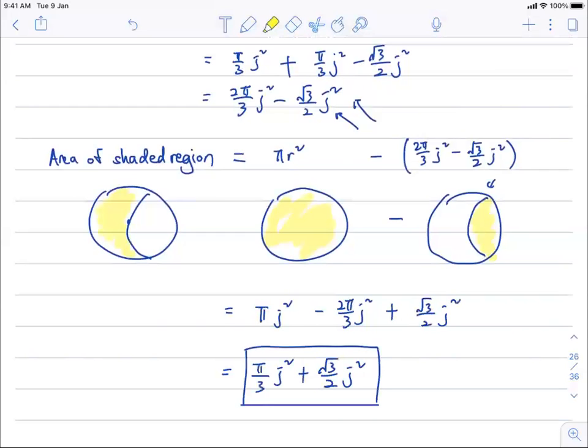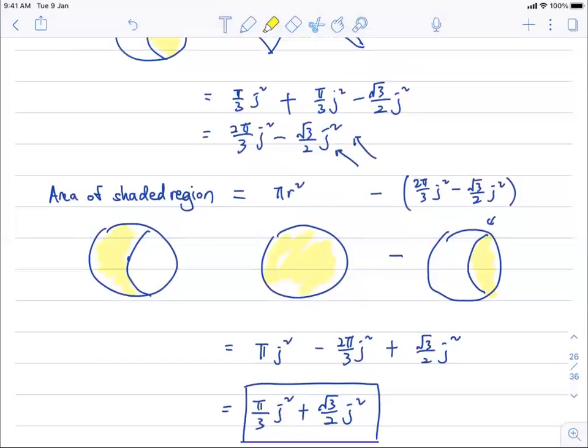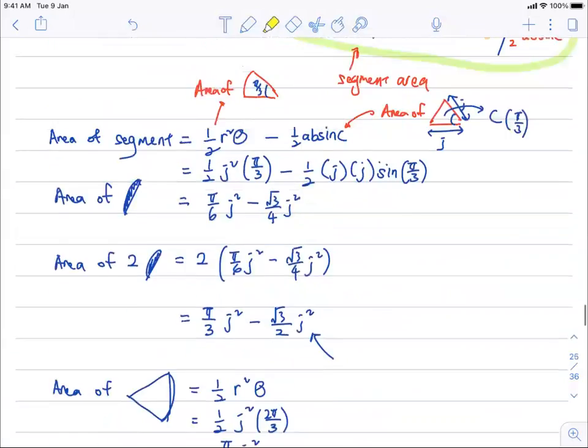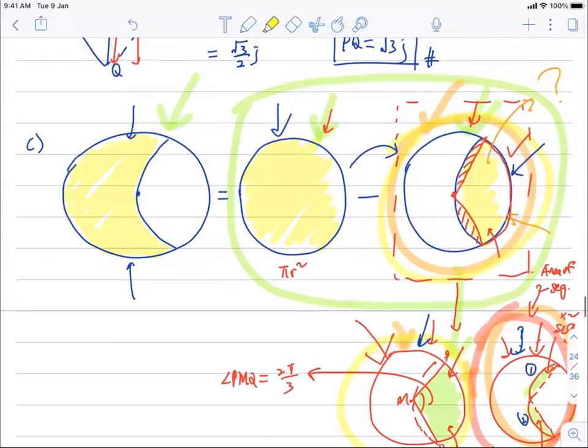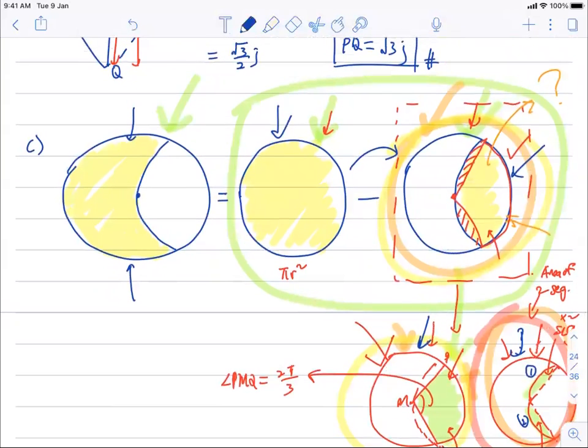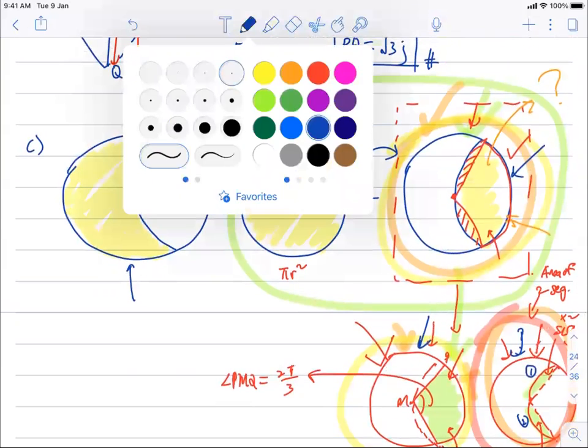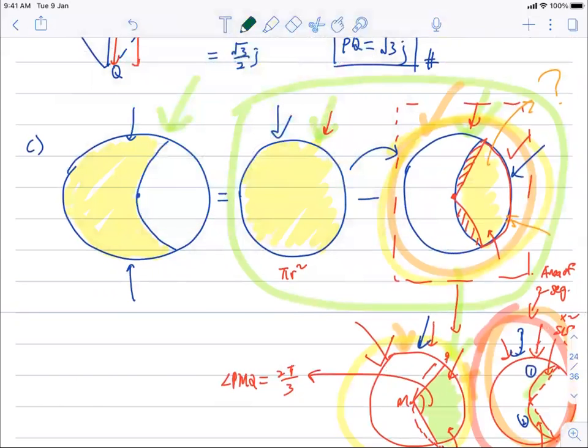So in conclusion, this question is not hard if we do it step by step. Let me repeat just one more time in case anyone is confused. First, we recognize that we are unable to find the area from here directly. So we need to take the area of a full circle minus the area of the part that's not shaded.